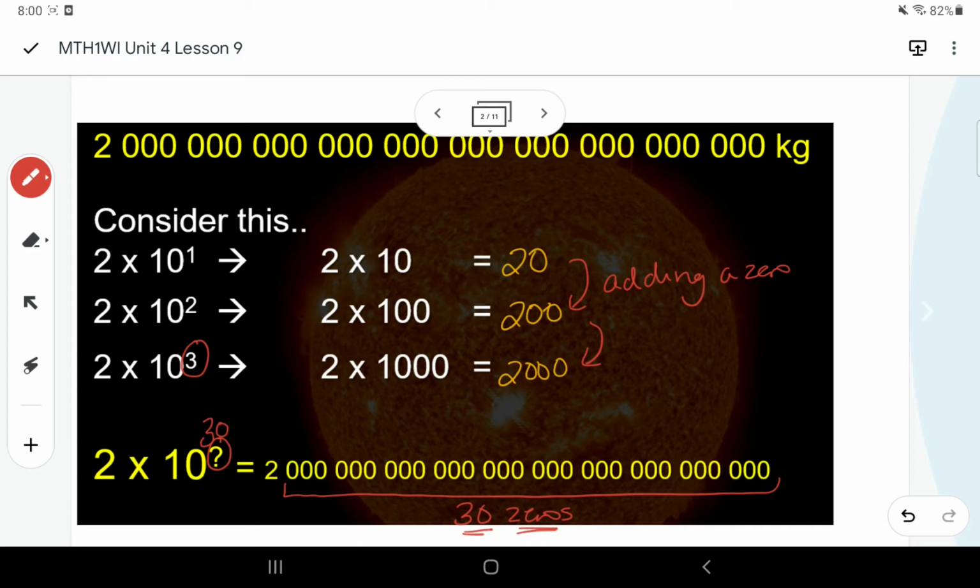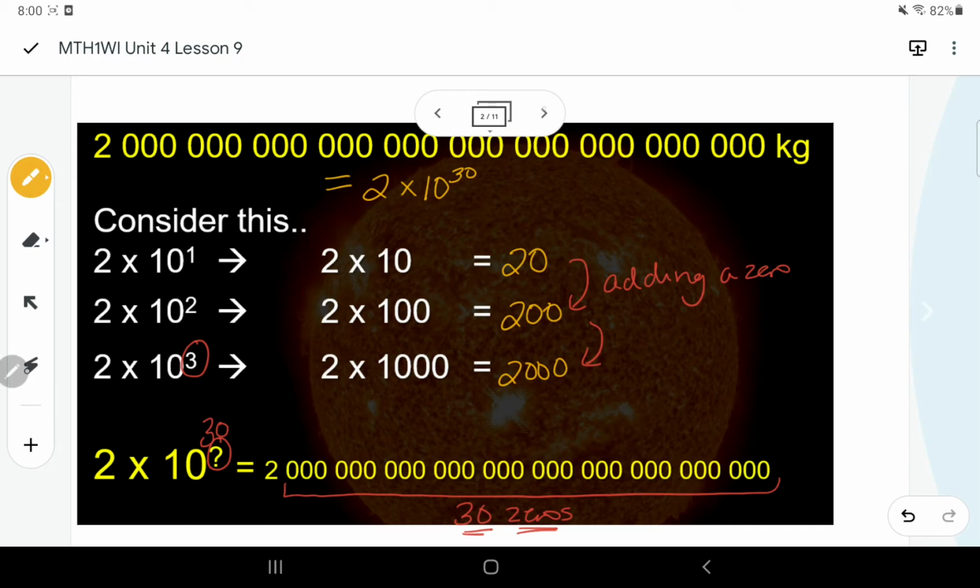So representing this big number up at the top, this 2 with 30 zeros after it, we can write that in an easier way. We can say that's 2 times 10 to the exponent 30. And that's scientific notation. It saves us from having to write out 0, 0, 0, 0 so many times after the number parts of a really big number.